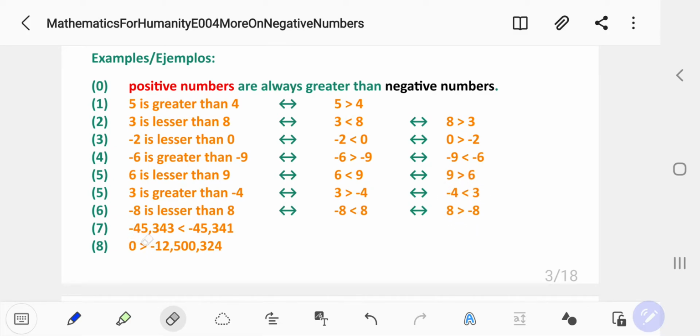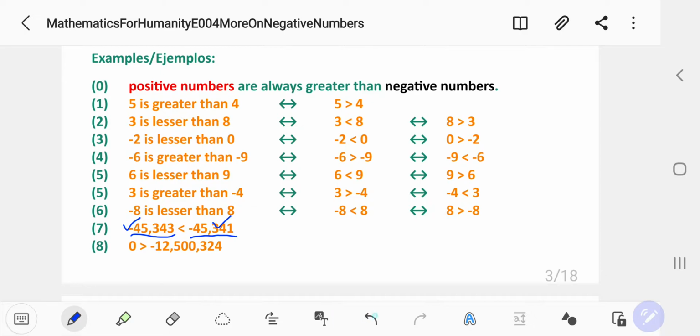Negative 45,343 is less than negative 45,341. They just differ by 2, but this one is found on the left side of that number. Therefore, this one must be less than the other. Or you can flip the relation between the two numbers.